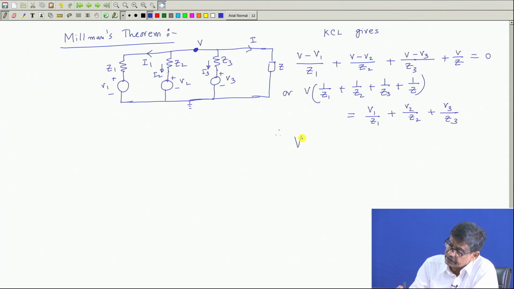Therefore, this voltage V is equal to V 1 by Z 1 plus V 2 by Z 2 plus V 3 by Z 3 divided by the sum of all the impedances' reciprocal.